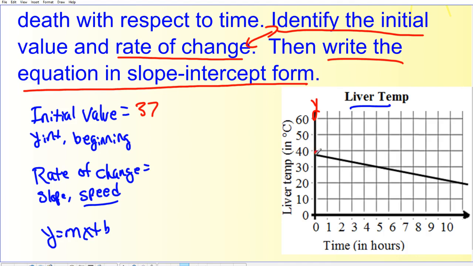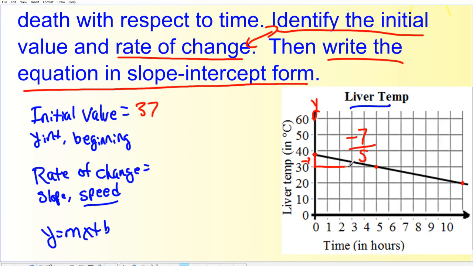Well, if I mark 2 points, there's this one here, right there. See it? It's going right through the little crisscrossy. And it looks like there's another one over here somewhere. If I go from here to here, if I'm calling this number 37, then from this dot to this dot is down 7, because from 37 down to 30, down 7 over 5.